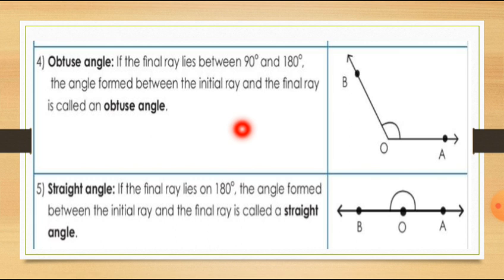Then obtuse angles, the angles with the measurement greater than 90 degree but less than 180 degree. Then straight angle, the angles with measurement 180 degree are called straight angle.